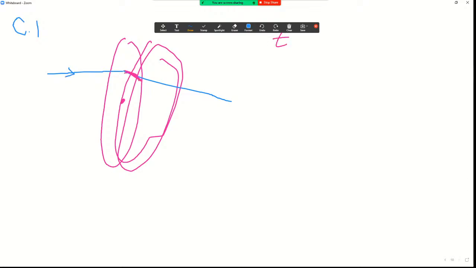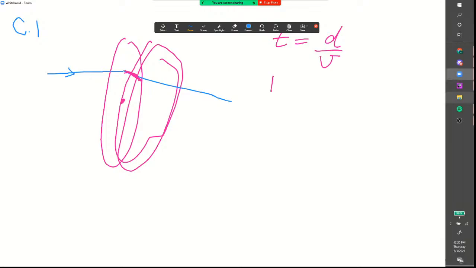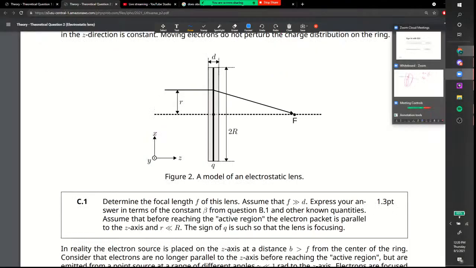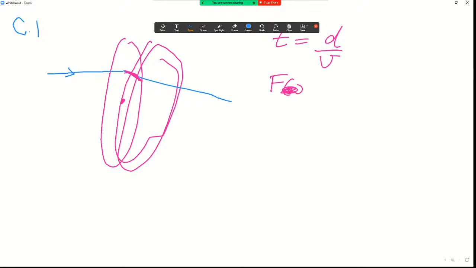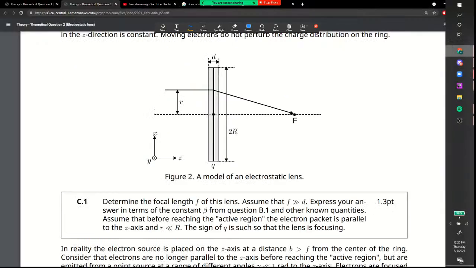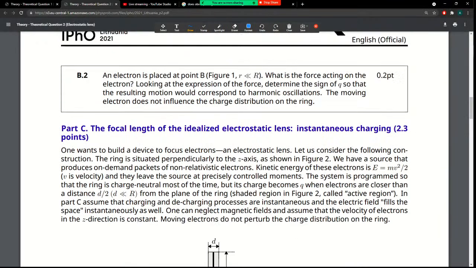And for time d by v, it will experience force. Let's say force is F of r. So force is what you got from part B1, right?